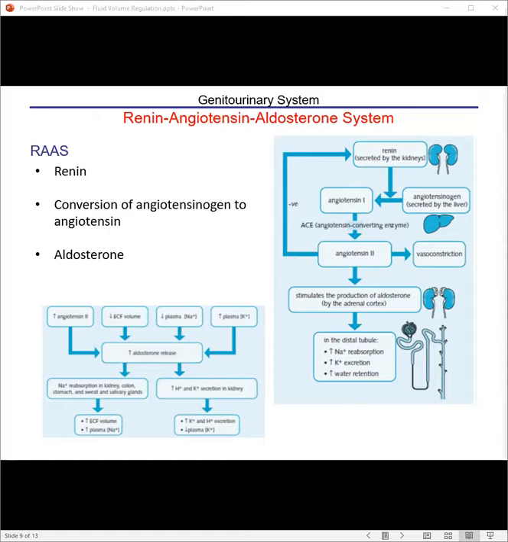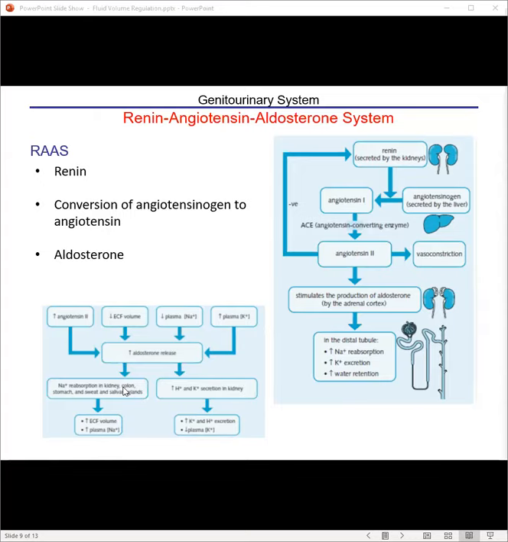So aldosterone acts within the cell by promoting sodium reabsorption in the kidney, in the colon, even in the stomach through the gastric glands, and even in the sweat and salivary gland duct. So aldosterone acts in different parts of the body to reabsorb sodium.